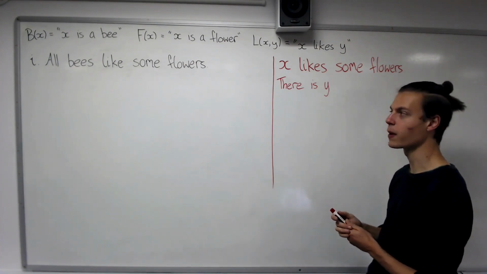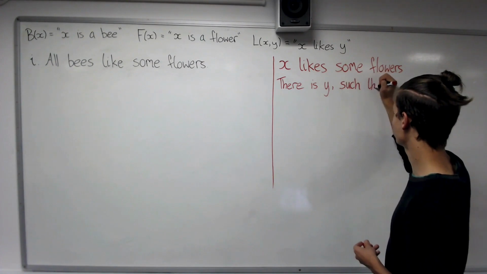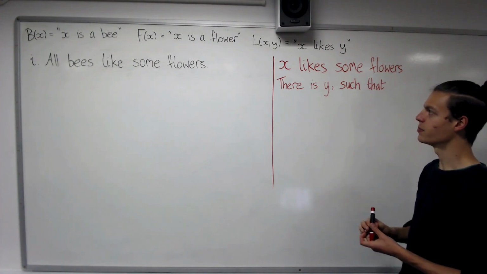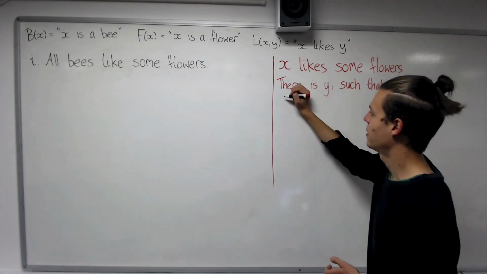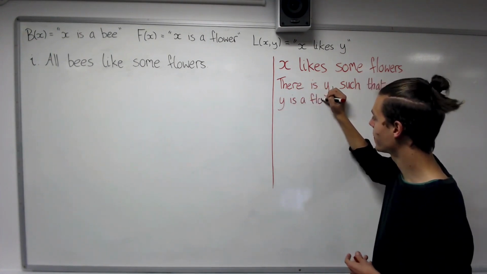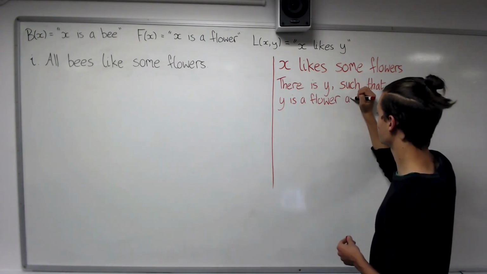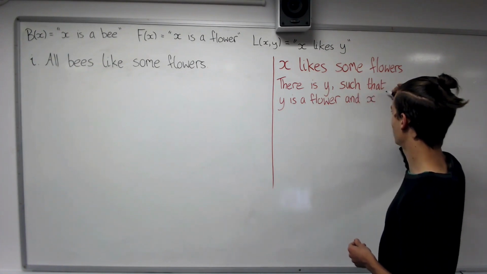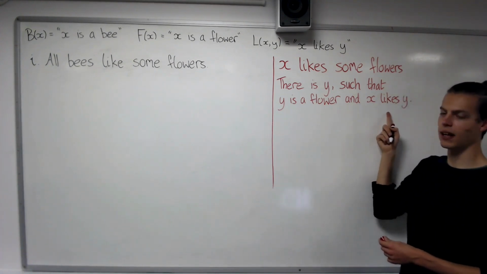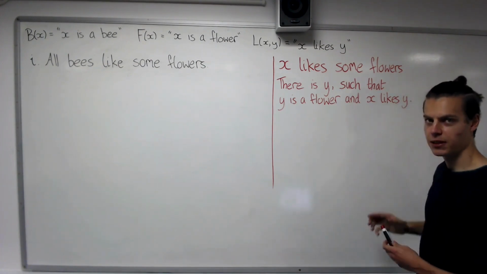So there is a thing y such that, and now we have two conditions, two predicates: y is a flower, first of all, and x likes y.